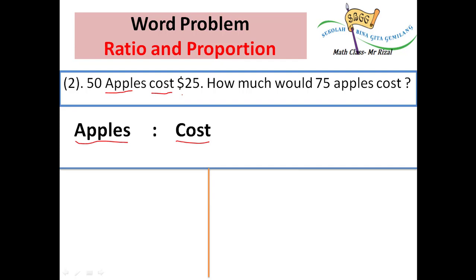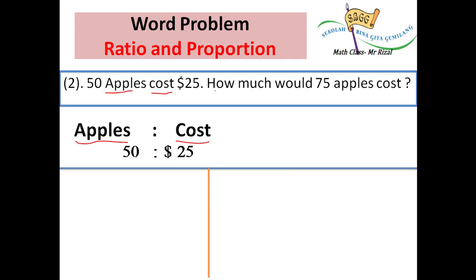Okay. What is known? 50 apples to 25. That's the ratio. Okay, so if 50 apples cost $25, what's the question? The question is how much would 75 apples cost?